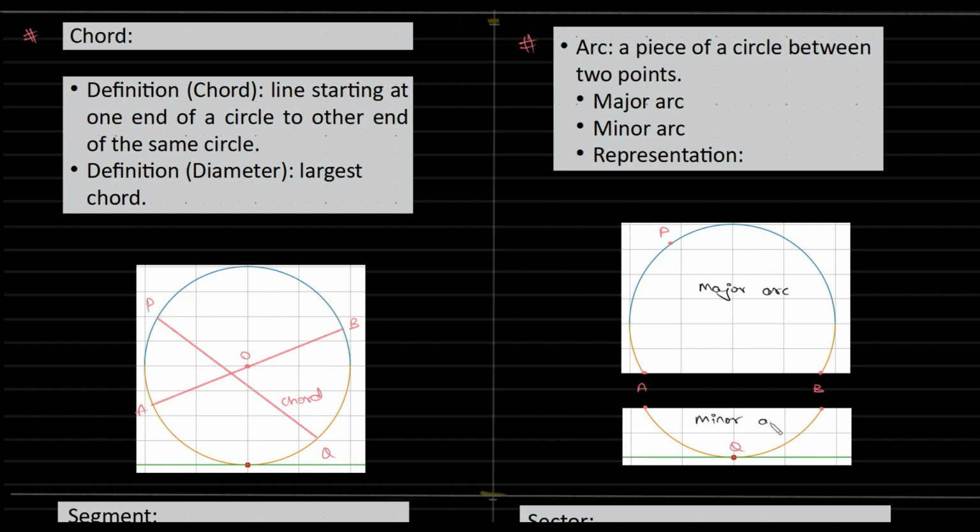We have minor arc. So arcs are nothing but part of the circumference of the circle. When you cut, you'll get one bigger and one smaller. The one which is bigger is called as major and one which is smaller is called as minor.